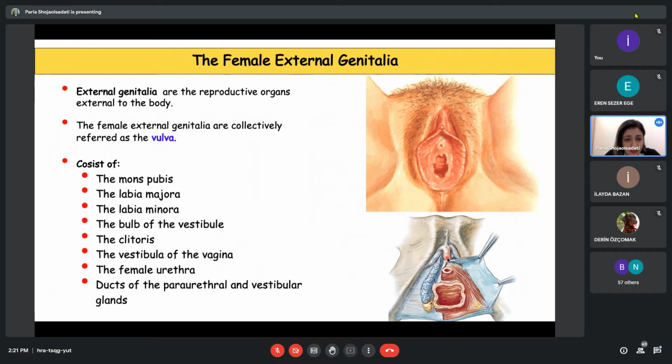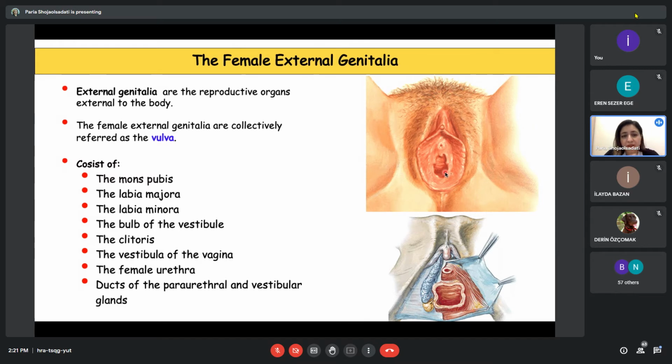The external urethral orifice is here, along with the ducts of the different glands. For example, the greater vestibular glands open into these two openings on the lateral side of the vagina, and you can see the opening or entrance of the vagina.